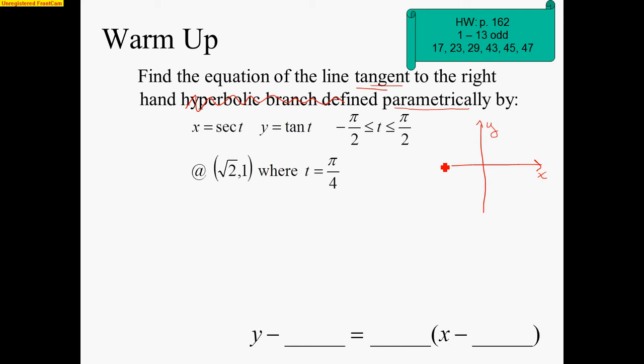When I graph that curve on the xy plane, I want to find the equation of the tangent line, which means I've got y and x, so this needs to be dy dx. To find dy dx, when I have two separate equations, I need to find the derivative of x with respect to time and the derivative of y with respect to time.